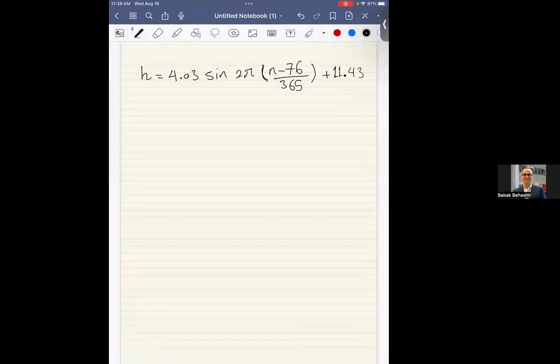So the first part is clear, right? So part A, if n equals 200, then h would be, just compute it, right? Just plug it in and then compute. Now for part B, what is part B?